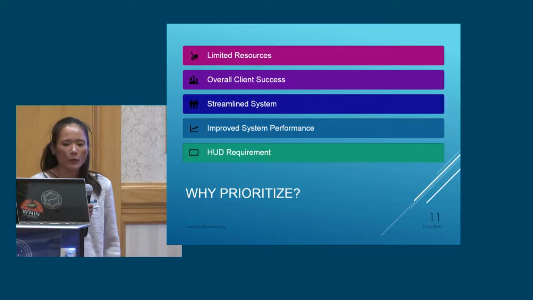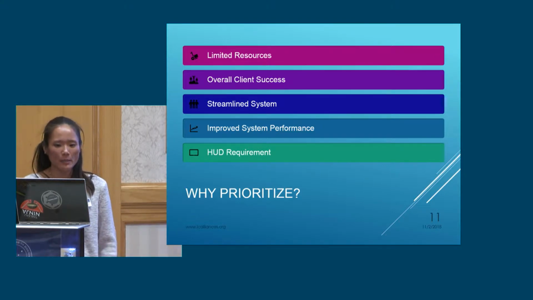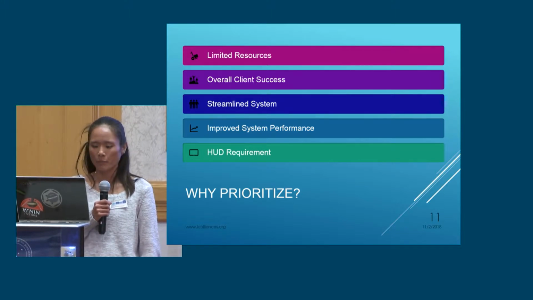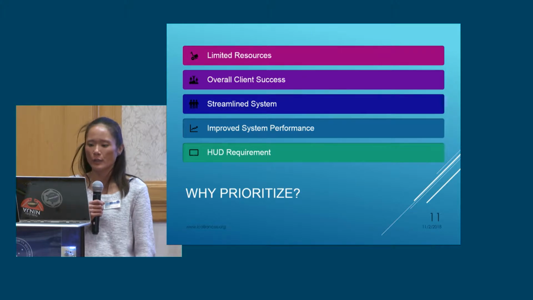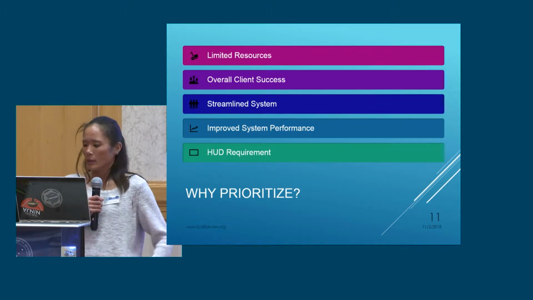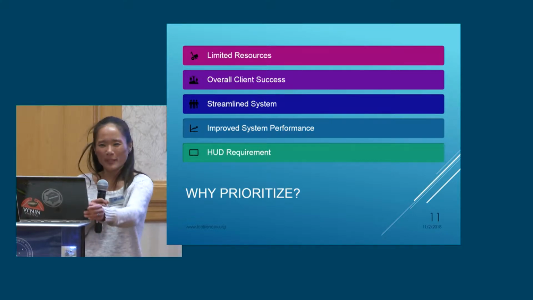So coordinated entry is about coordinating the crisis response system and streamlining it to meet household needs in an effective and efficient manner. And when functioning well, coordinated entry should also improve the overall system performance as defined by HUD as well as locally. And of course, it's a HUD requirement.